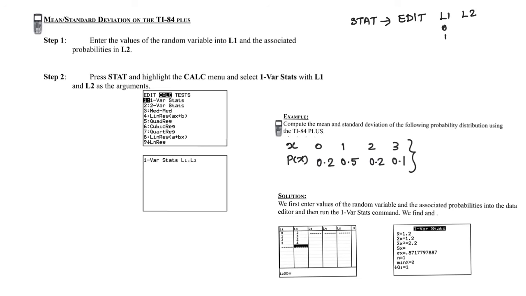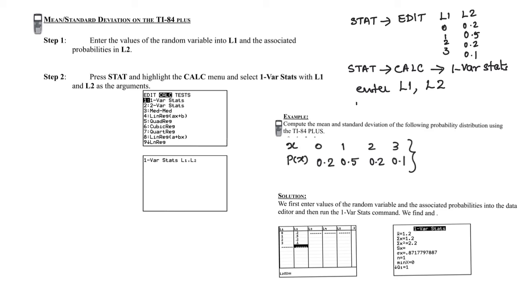So L1 will have 0, 1, 2, 3, and L2 will have 0.2, 0.5, 0.2, 0.1. Then press stat, then press calc, then select one var stat. Then enter L1, L2, then press enter.